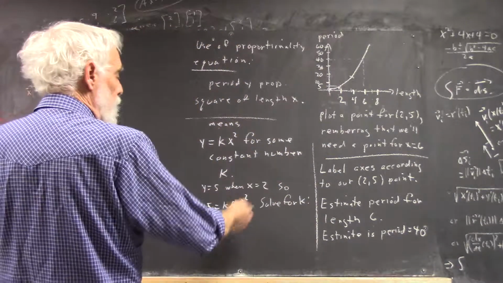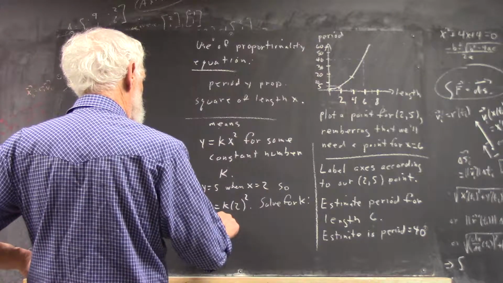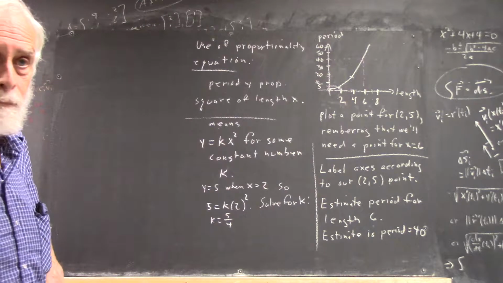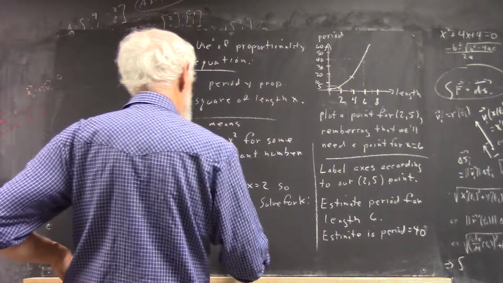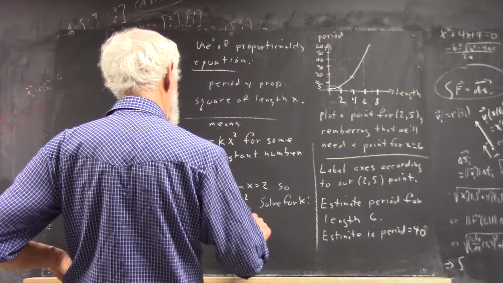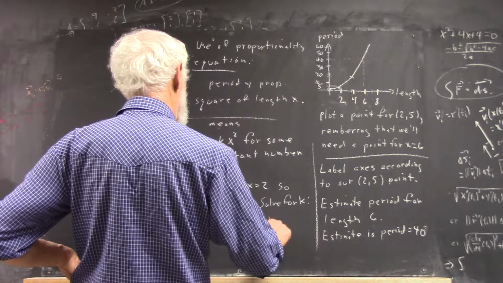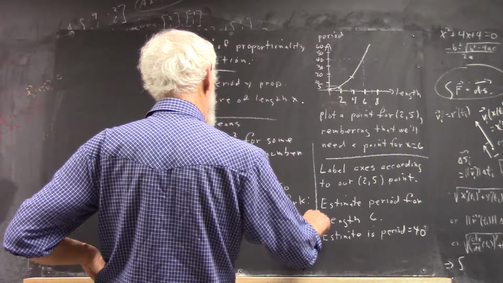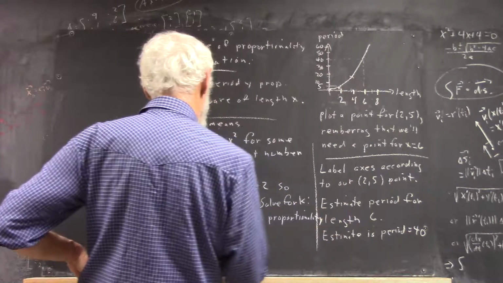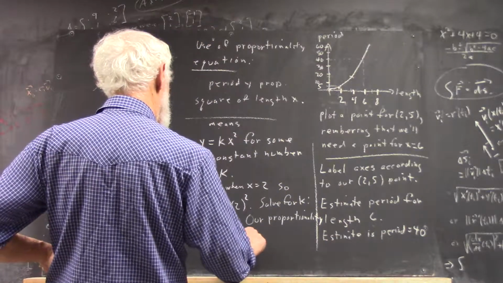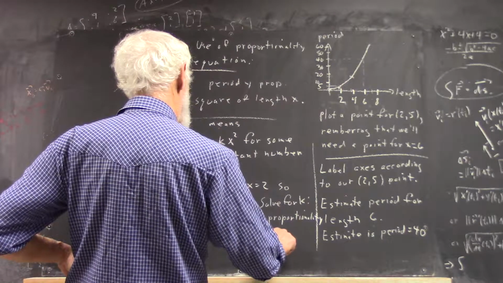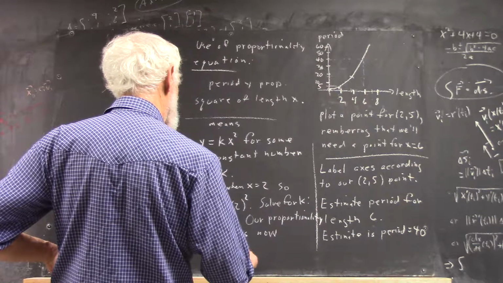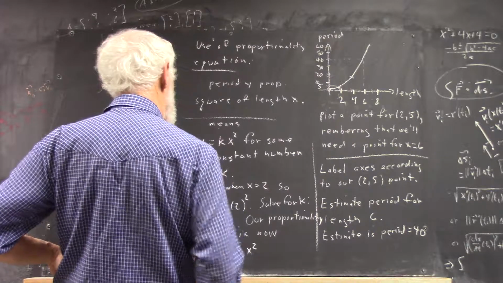You're going to get 4k, you're going to divide both sides by 4, you're going to get k equals 5/4. So our proportionality equation is now y equals 5/4 x squared.